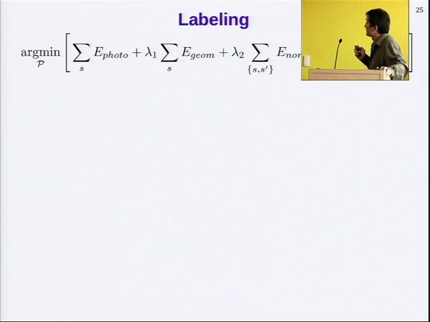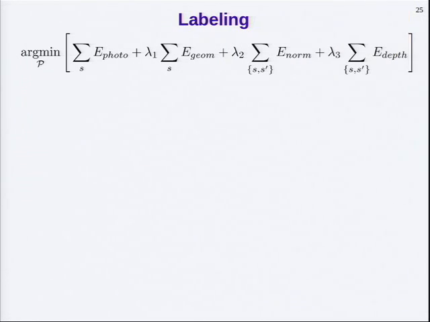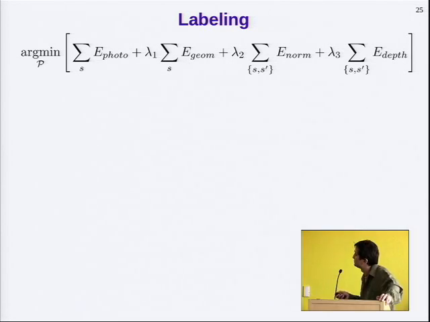Since we have this matrix, let's now explain the labeling problem. As I said at the beginning, in the most general case this set P should be all normals and all depths for all superpixels.